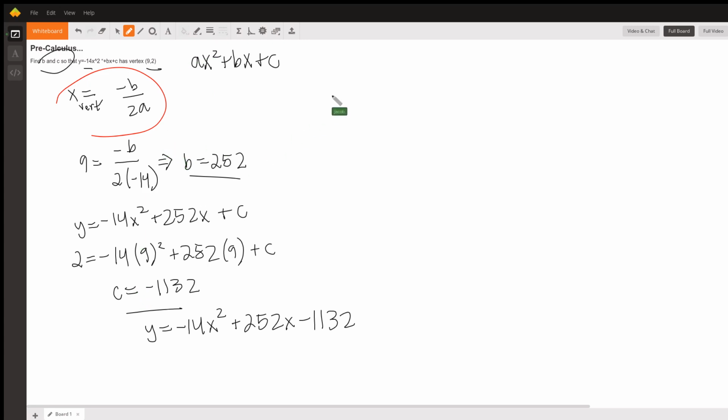So another thing you might want to recognize is that we can repurpose our standard form of a parabola in vertex form, right? Some constant a, and those a's are the same, x minus h squared, and then plus k. All right, so hk, this is vertex form, hk is your vertex. So we know here that h is equal to 9, k is equal to 2.